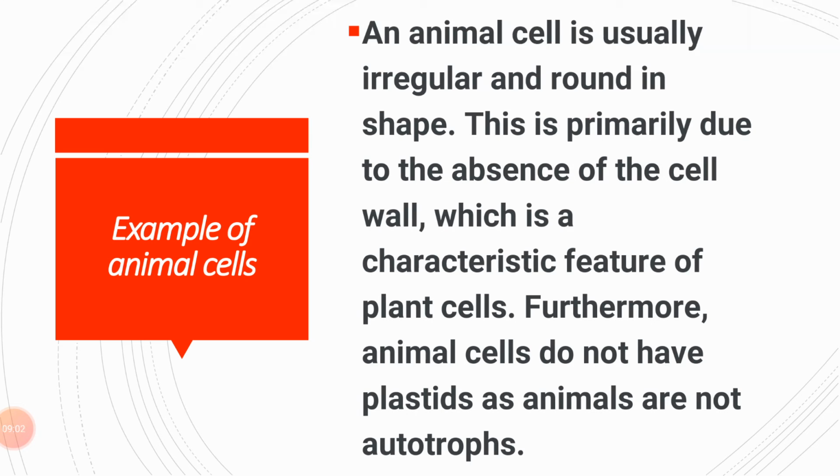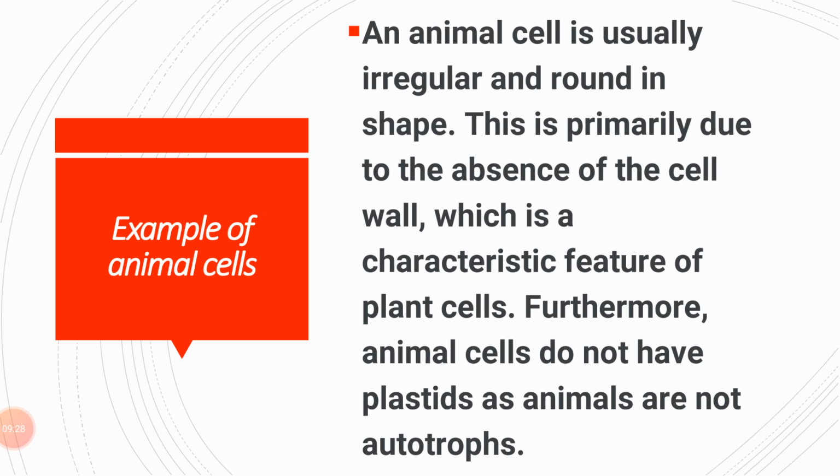Okay, animal cells are irregular and round in shape, and the cell wall is absent in the animal cell. Why is the cell wall present in the plant cell and absent in the animal cell?